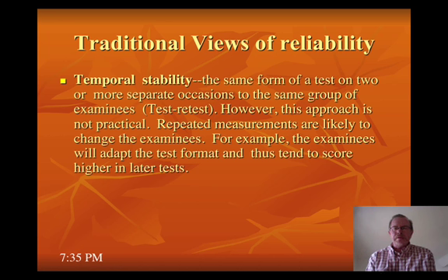The first kind of reliability I want to mention is temporal stability. This is the idea of test-retest reliability. And this is one of the types of reliability that test manufacturers often use to demonstrate the efficacy or the alignment of their own tests.